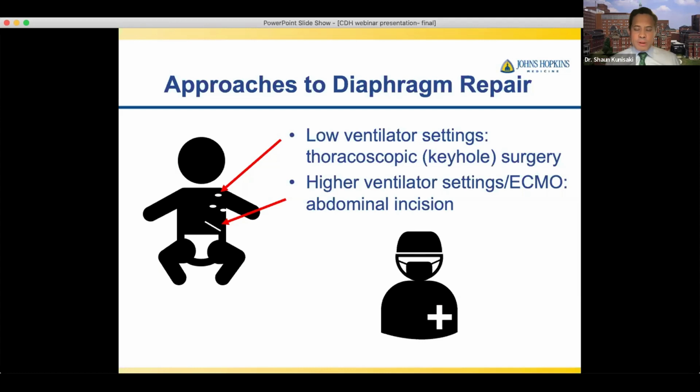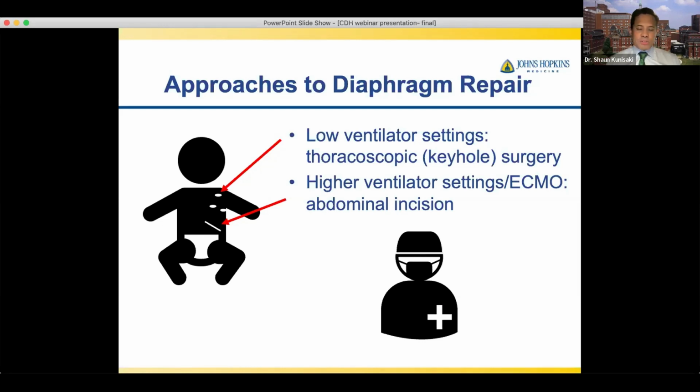There are two main operative approaches, namely thoracoscopic surgery, also known as keyhole surgery, and traditional open surgery through an abdominal incision just below the bottom of the rib cage. In babies with more mild lung disease, as indicated by low ventilator settings, the keyhole surgical approach through the chest is ideal, since smaller defects can be easily repaired using this technique and with smaller scars and less pain for the baby.